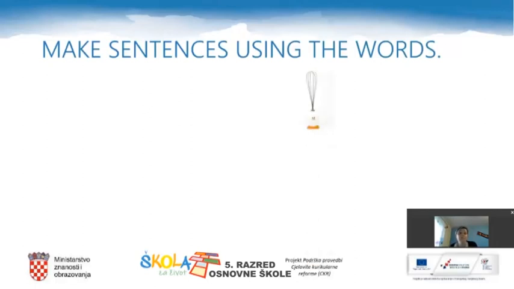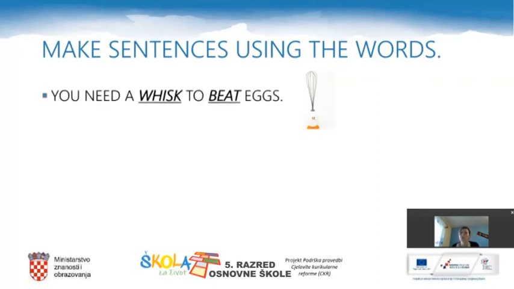You know what this is? It's a whisk. And now can you tell me, using the correct food preparation verb, what do we use a whisk for? You need a whisk to beat eggs. Take a look at picture number 1. It's a grater. And what do you need a grater for?